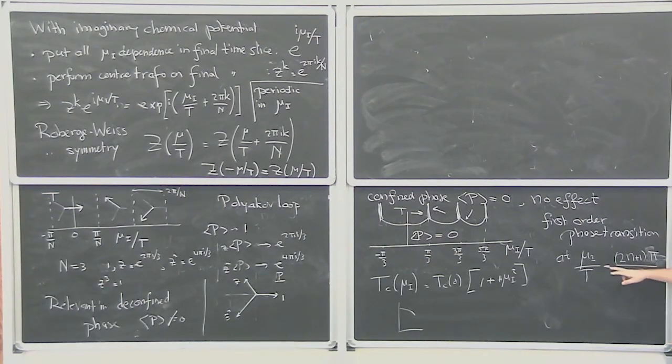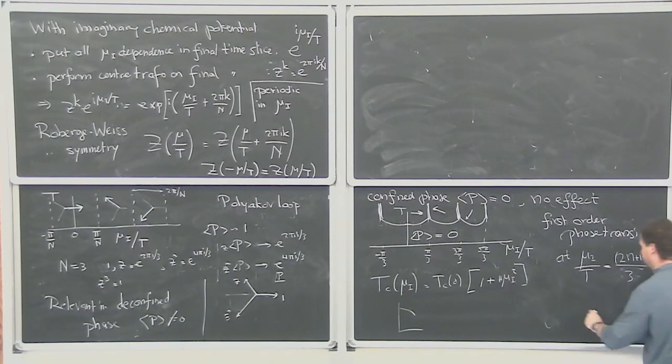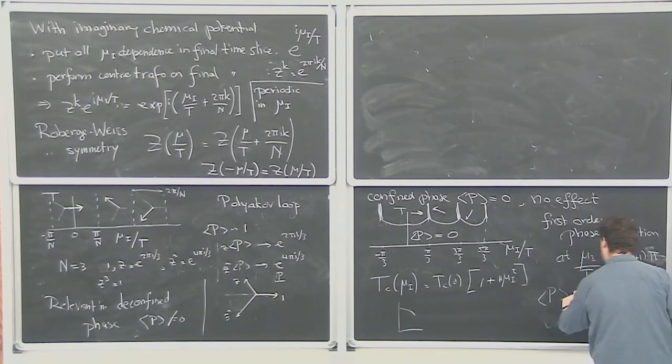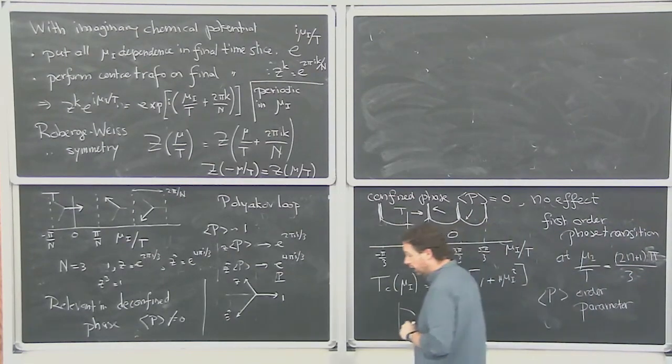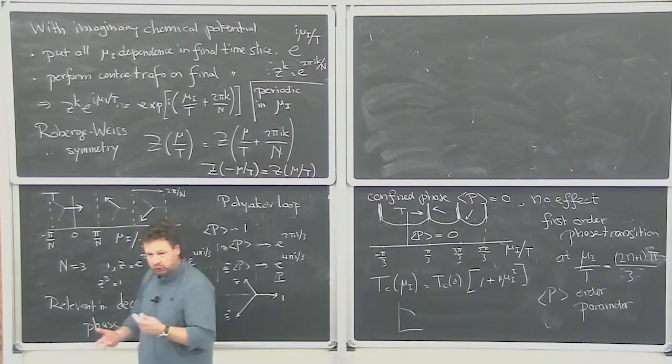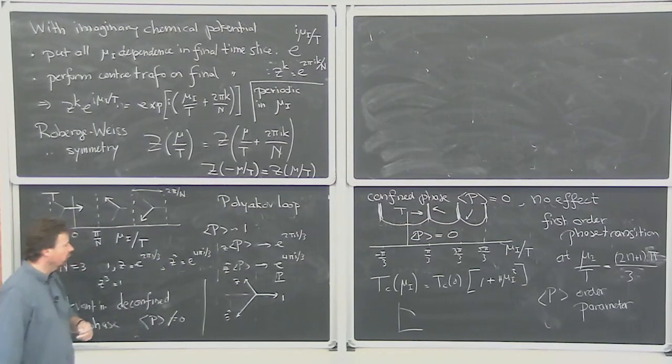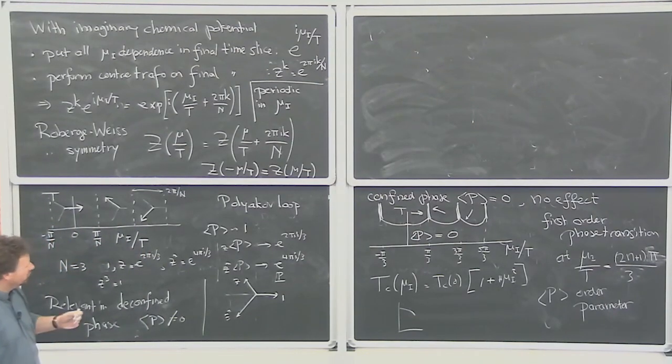So at these values of mu I, basically multiples of 2 pi over 3, the Polyakov loop changes the direction, and so there's a first order transition, and it's again an order parameter for this transition. So that's quite interesting. With imaginary mu, in the presence of quarks, we again have found a symmetry with a phase, with an order parameter and a first order transition.